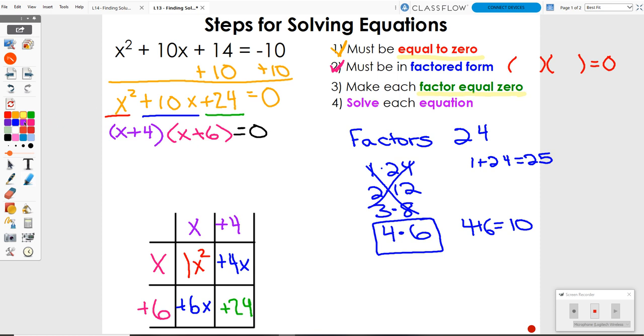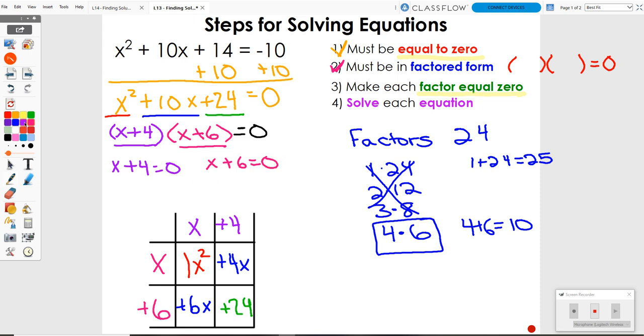What we're trying to do is figure out, remember, when we multiply this times this, it equals 0. And you know when you multiply, anything times 0 equals 0. So what I want to do is say, okay, how can I make this parentheses a 0? What does x have to be in order for this to equal 0? And then I'm going to do the same thing with this set of parentheses. So I'm just going to make it equal 0, and then I'm going to solve it.